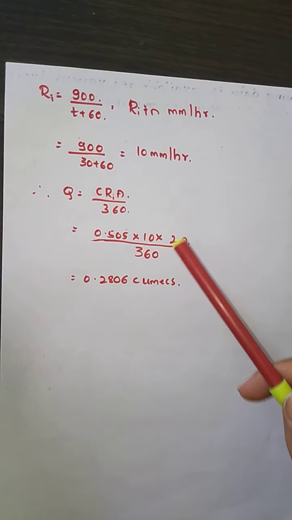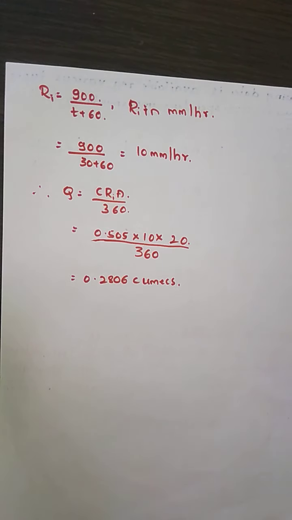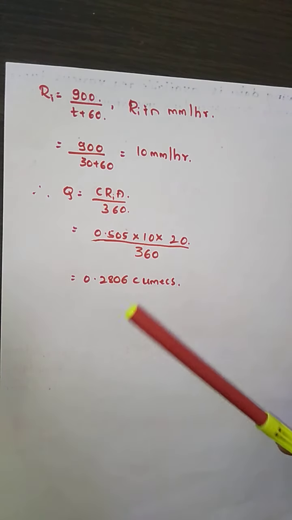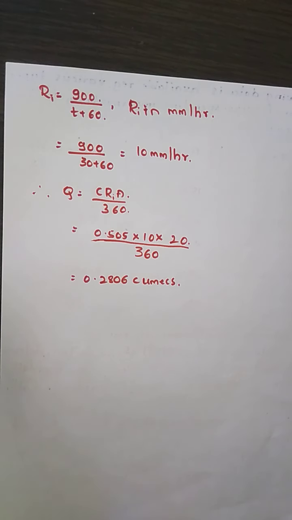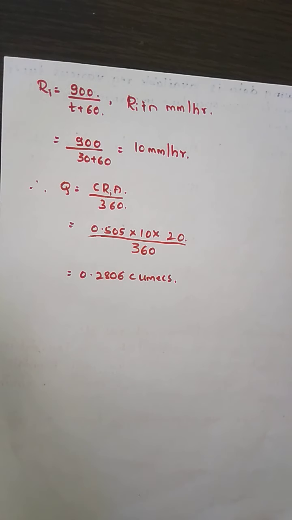Then we have determined the storm water flow or wet weather flow. In order to find it out, we have used the formula C Ri into A. C is 0.505, Ri is 10, and A is 20 hectares divided by 360. So Q discharge is 0.2806 Qmax.